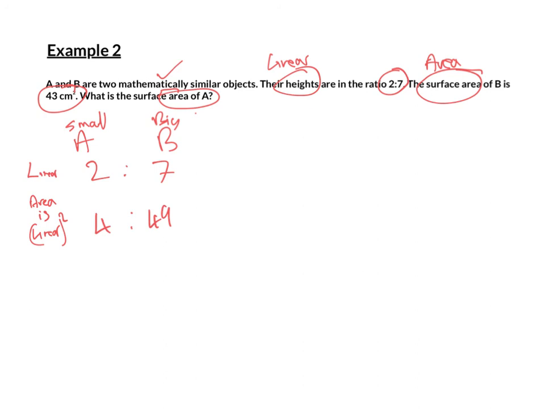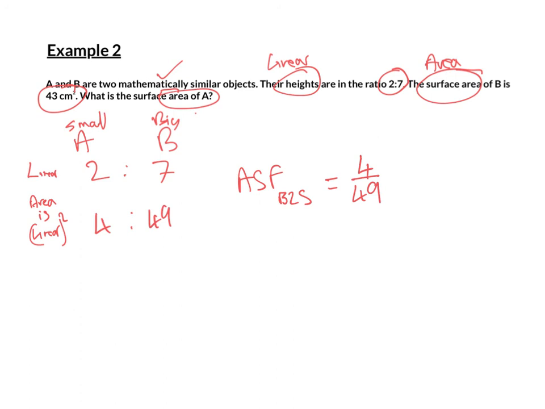Now, we're looking to go towards A. Going to A from B is big to small. So we're looking for the area scale factor from big to small, and that is going to be 4 over 49. If you're stuck on how we got that, we have the ratio of surface areas of 4 to 49, but we're going from the big to the small.